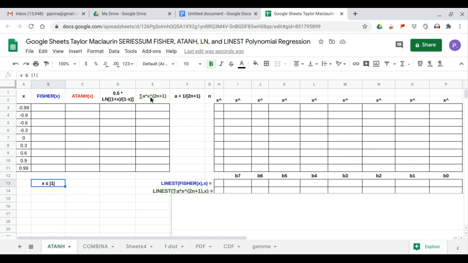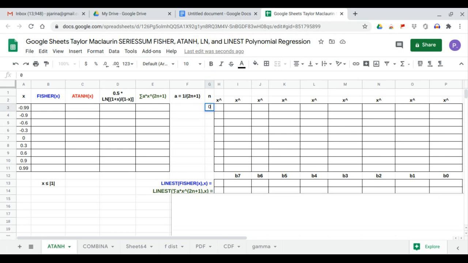We will also generate the Taylor-Maclaurin series sum of ATANH, the inverse hyperbolic tangent, which is equal to the summation of a times x to the power 2n plus 1, where a is 1 over 2n plus 1, and the values of n will start from 0 to infinity.